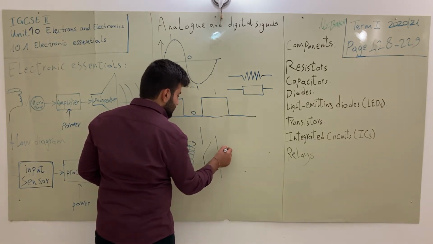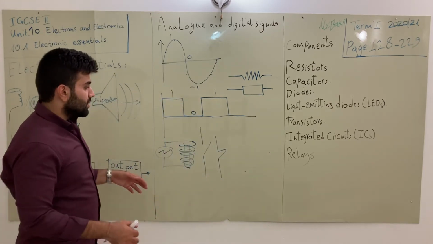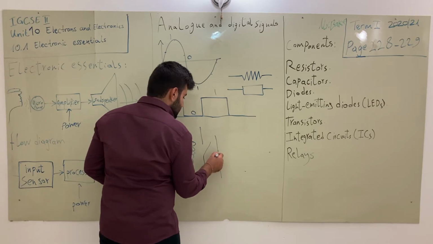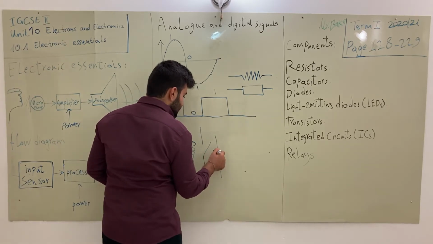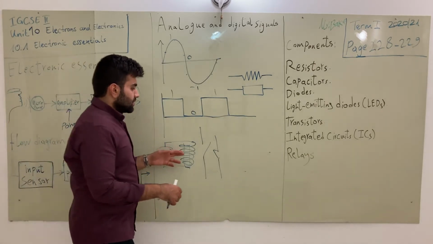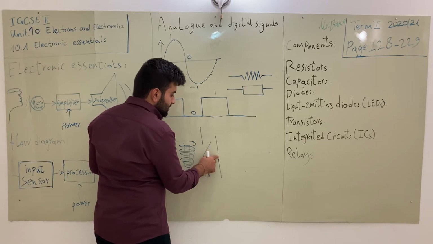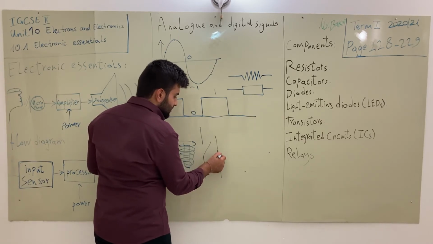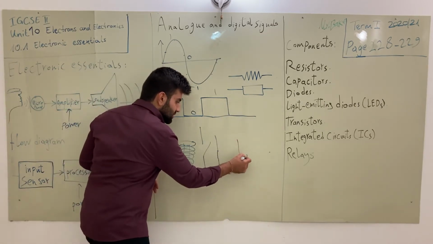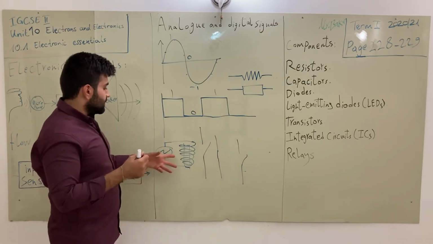For example, this simple one. Let me try this side so you understand. This one is closed, okay? Usually we draw the switch like this, but I stick it so you understand the physical thing.